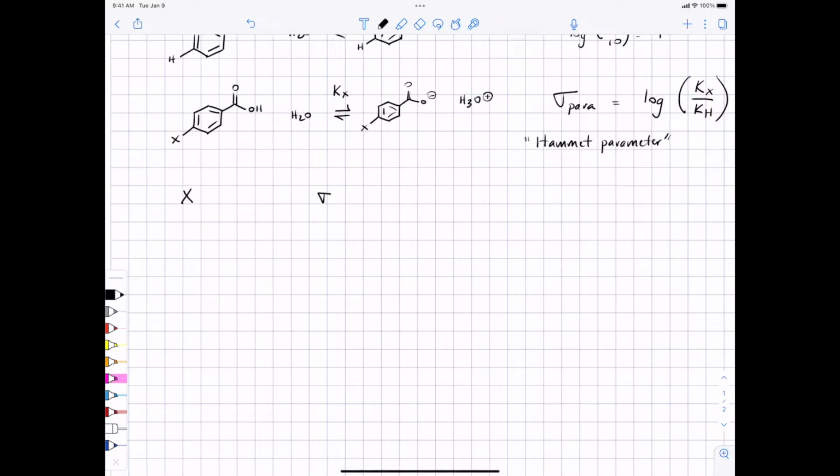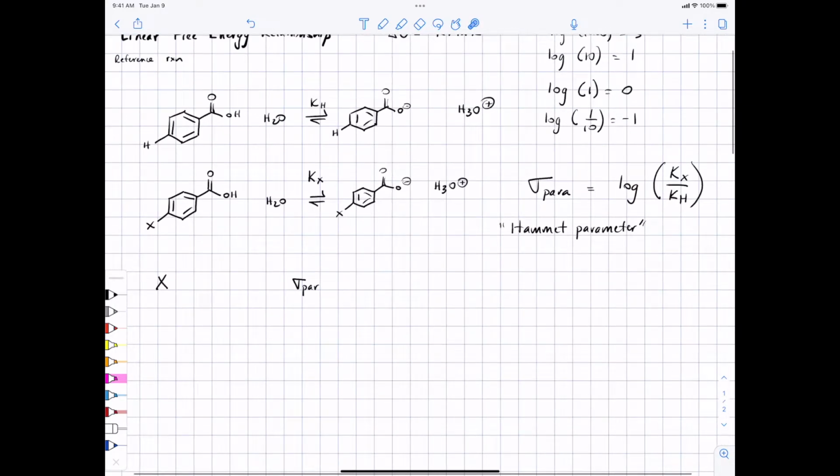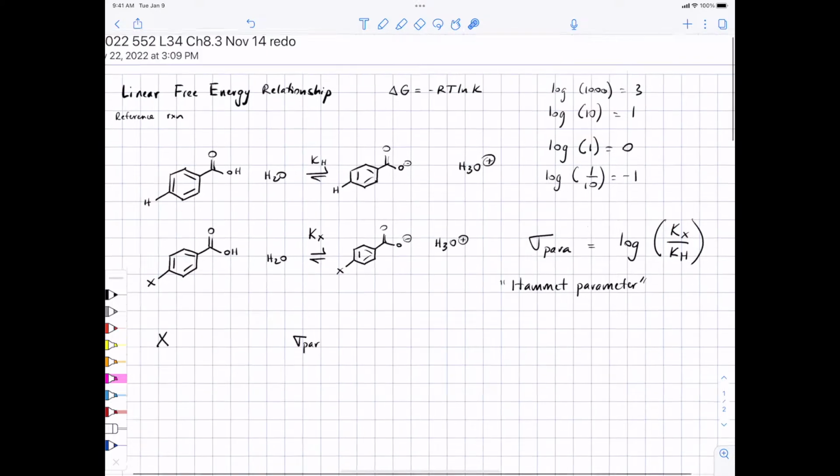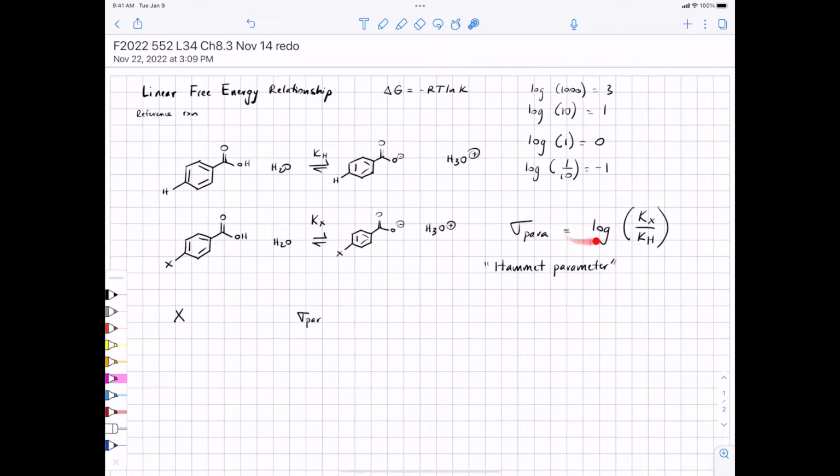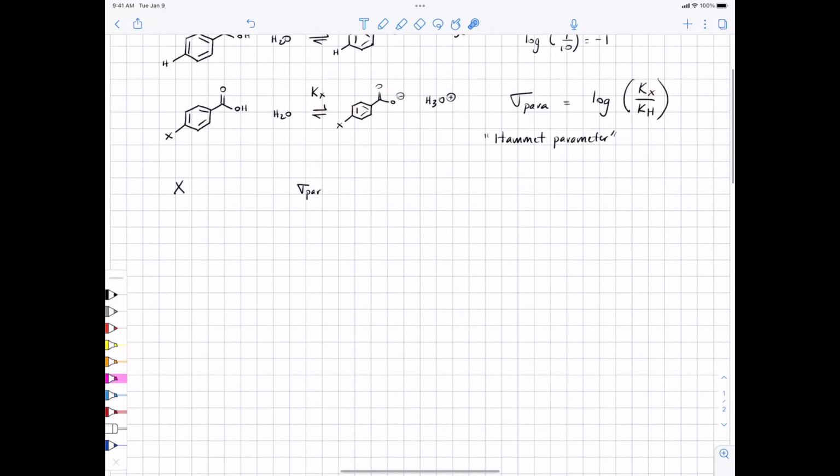Some of those trends correlate with what we're going to see for trends in sigma para. And sigma para basically tells you, in a form that's related to free energy at least, how much more favorable it is to deprotonate benzoic acid when you have this substituent in place.